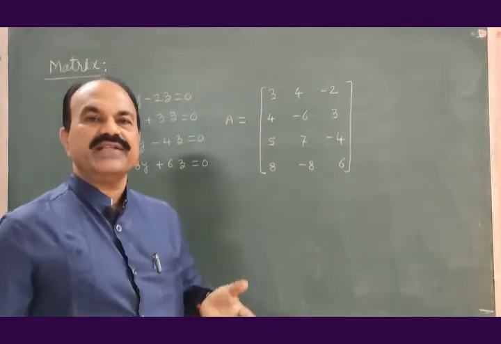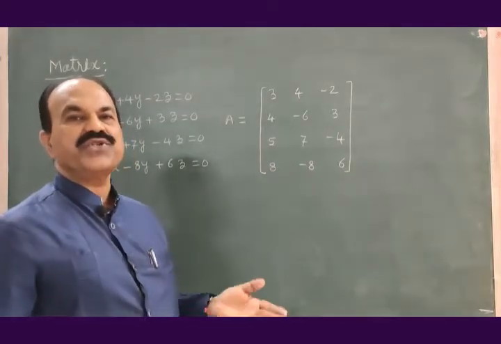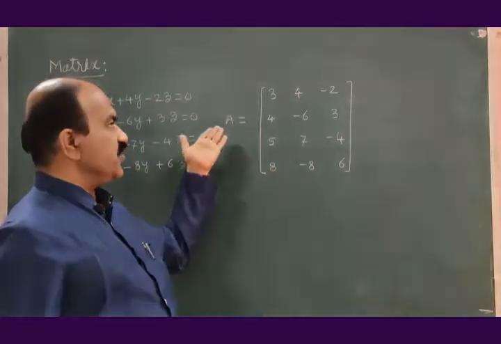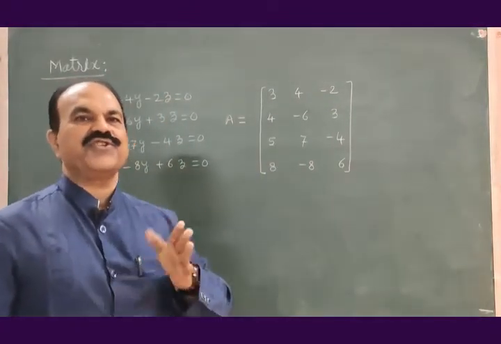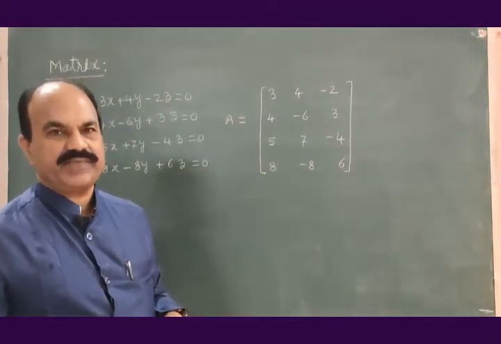This is known as a matrix. Such an array of numbers is known as a matrix. So, this is a matrix, and I told you the definition of the matrix.